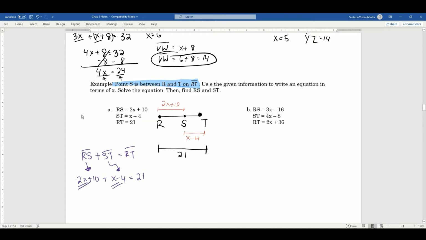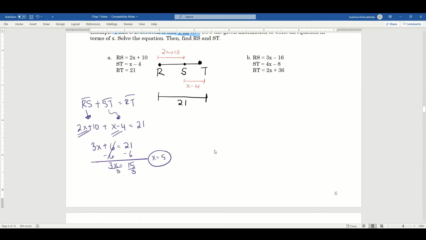So now I can combine like terms. So 3x plus 6 is equal to 21. Subtract 6 from both sides. And then finally divide by 3. So x is equal to 5.